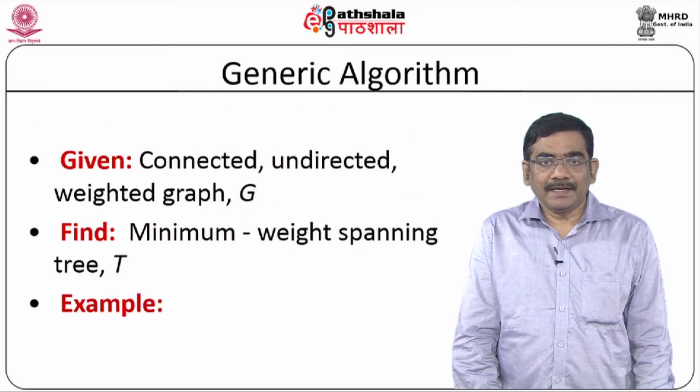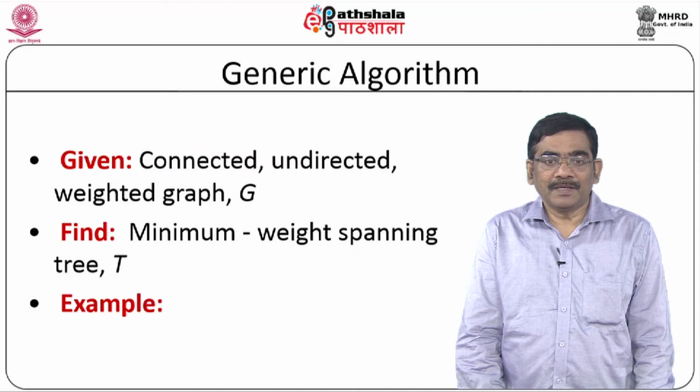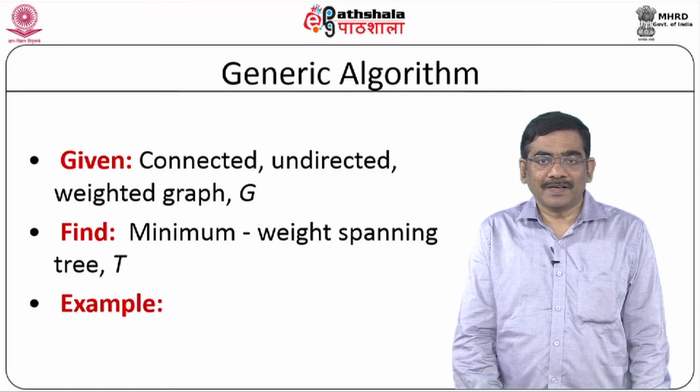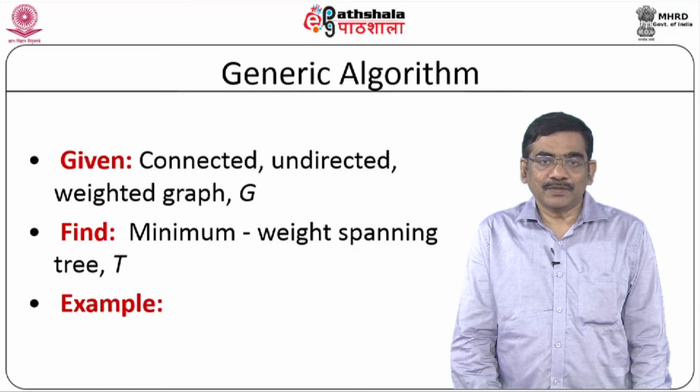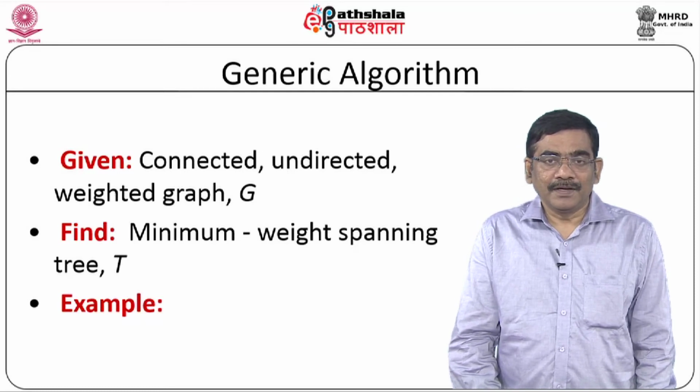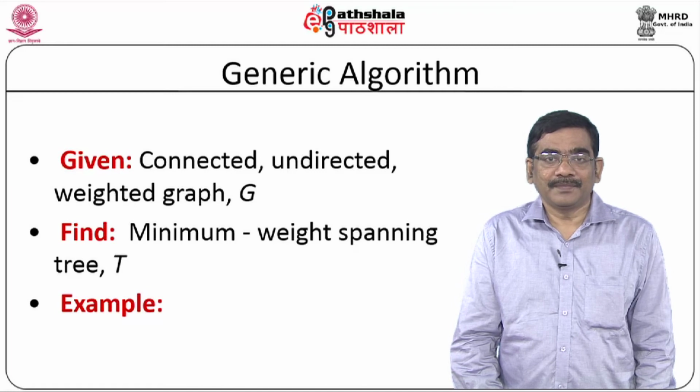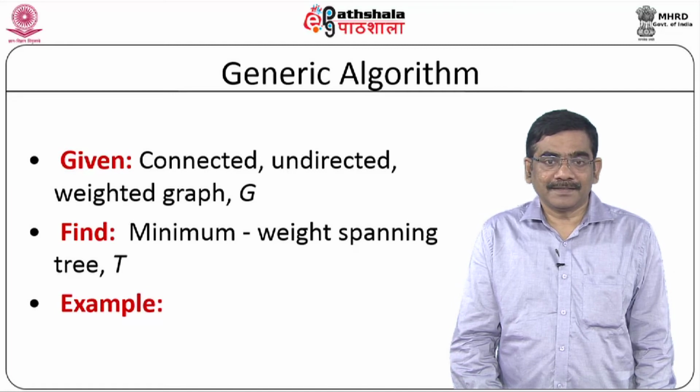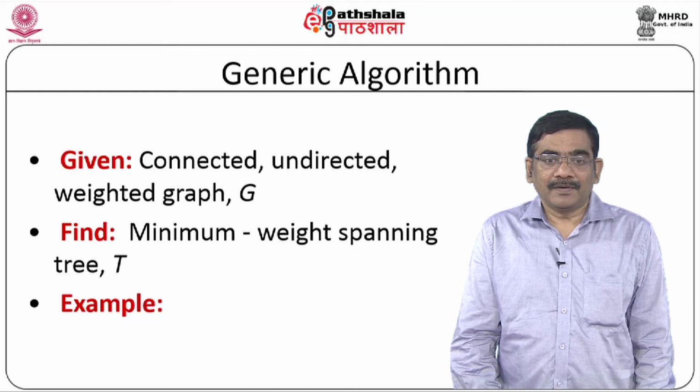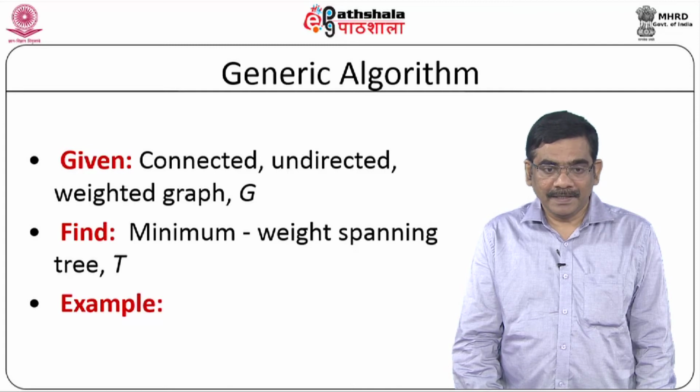So, the generic algorithm, which is the common denominator of these two algorithms, can be written first, then we can branch out for each individual algorithm. The generic algorithm is like this: given a connected undirected weighted graph G, the aim of this algorithm is to find the spanning tree with the minimum weight, that is going to be T.